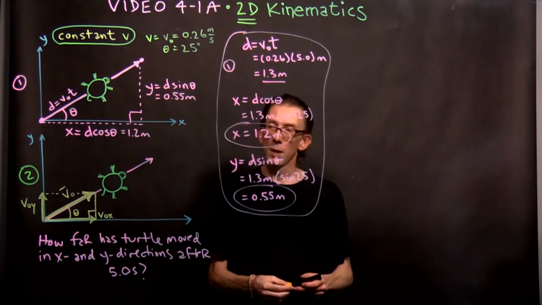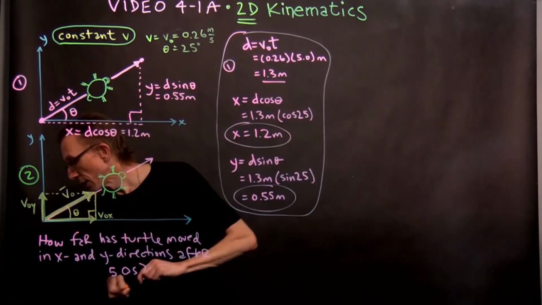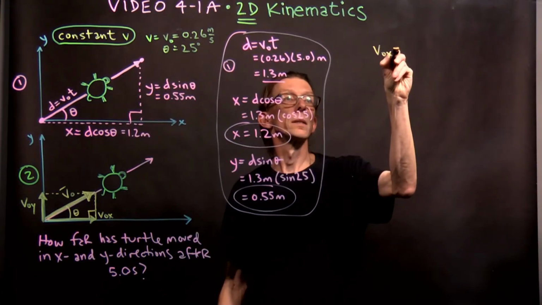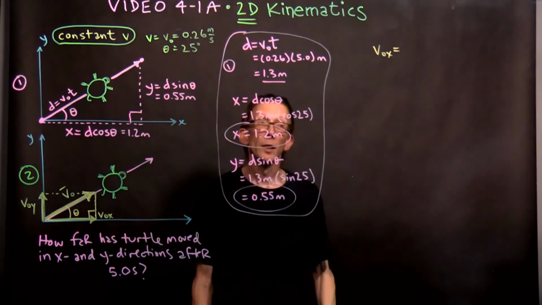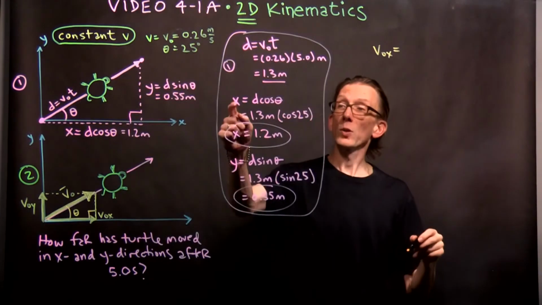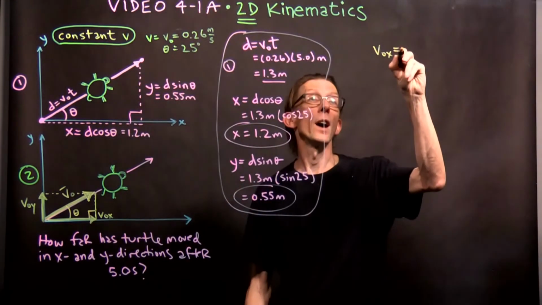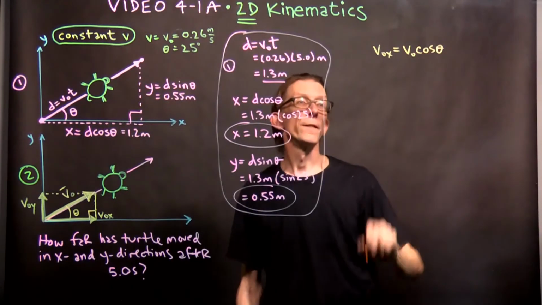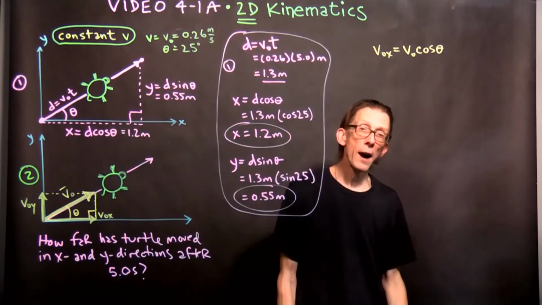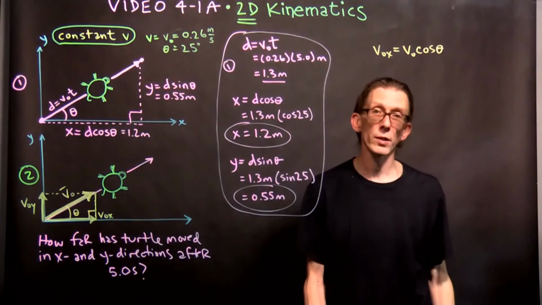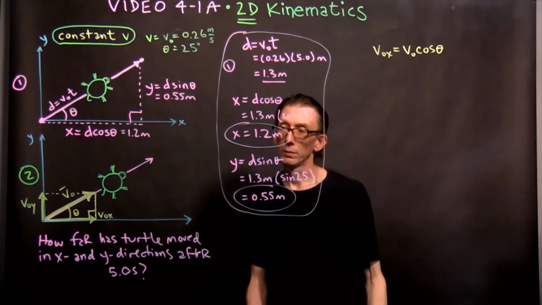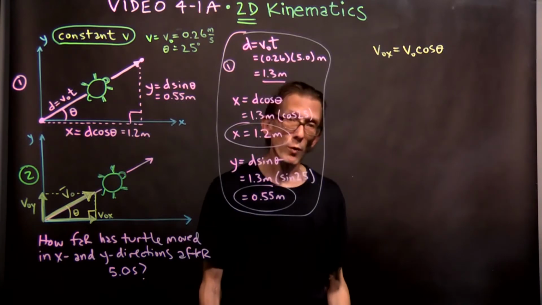So in this case, what we want to do is find out what v naught x and v naught y are. V naught x, in the same way that x was equal to d cosine theta, is v naught times cosine of theta. And v naught x tells you how fast the turtle is moving in the x direction.